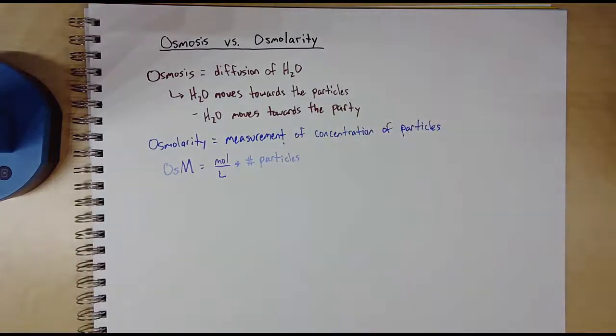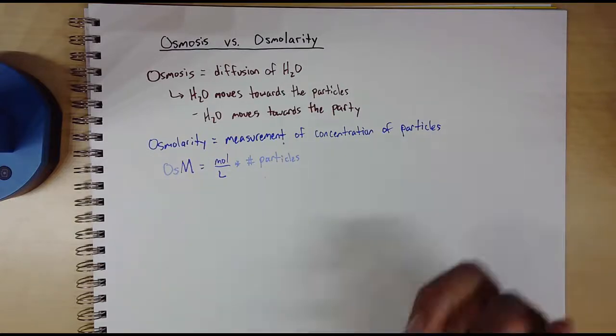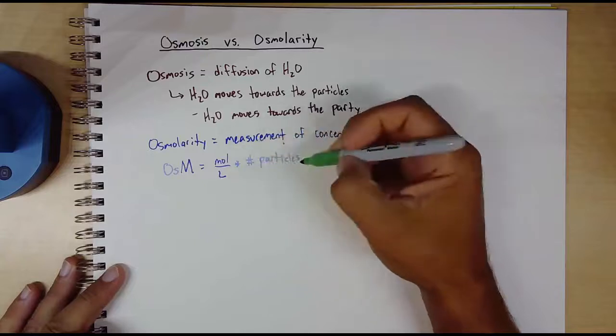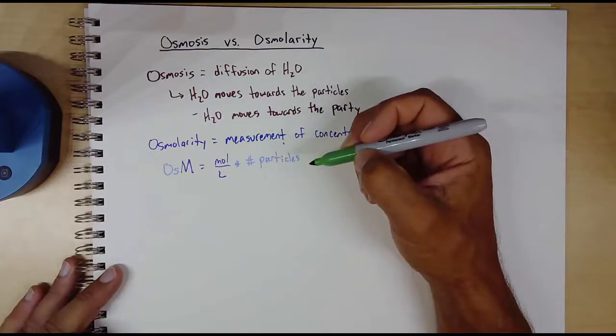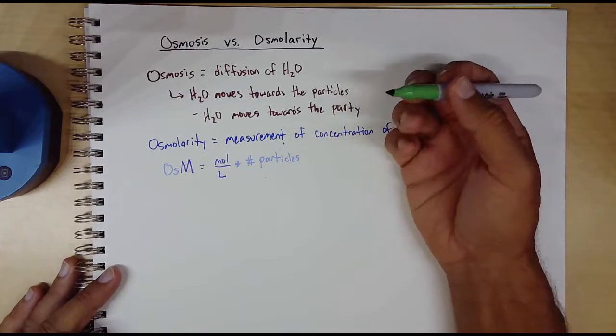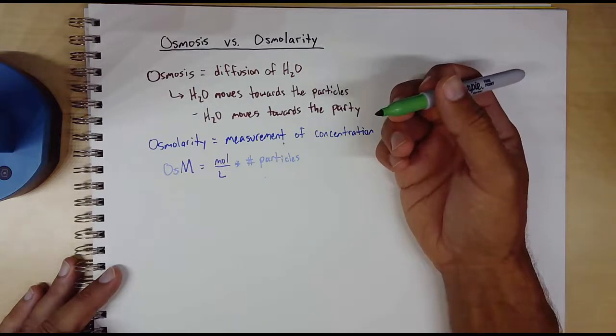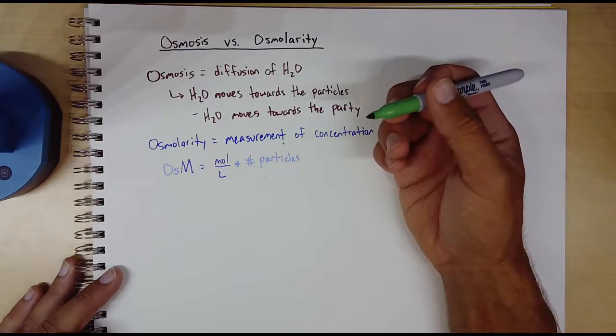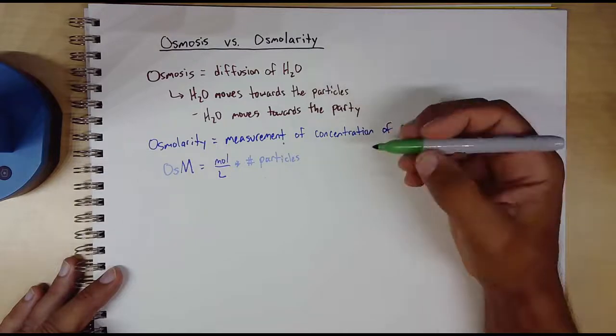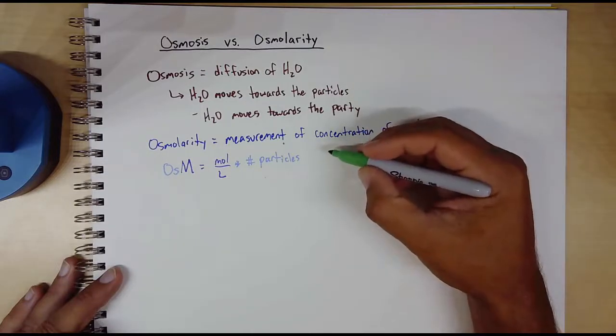Now, calculating the number of particles of a molecule is one of the main reasons why I'm putting together this little video, because it's not always intuitive of what to do. But the reality is that different molecules can break apart in water, and some molecules don't break apart in water. When molecules break apart in water, we call it dissociation.